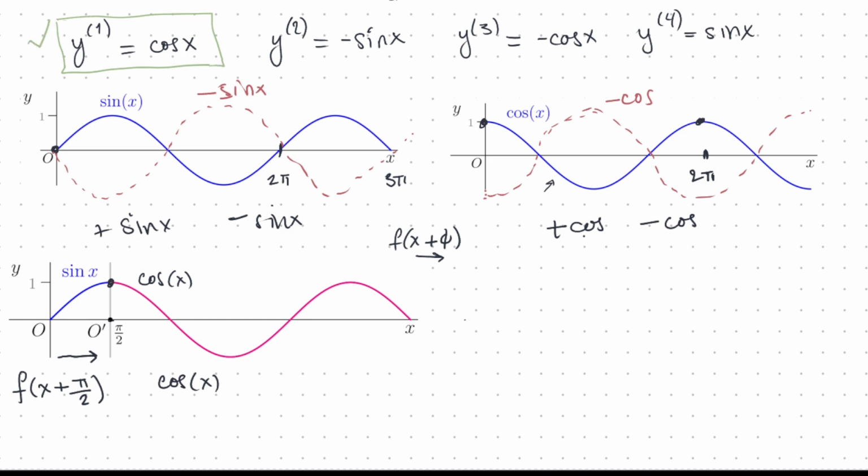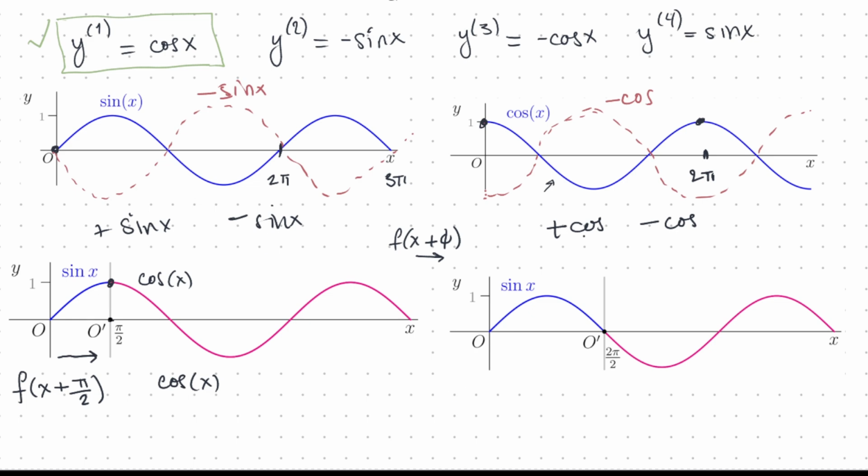Now let's shift the origin a little bit farther. Now we're shifting the origin to the right by 2 pi over 2. So we'll take multiples of pi over 2. This one's 2 pi over 2 or just pi, but let's write it explicitly, 2 pi over 2. So when I've done this shift, now I look at my curves up here. What do I see? This is exactly the same thing as minus sine.